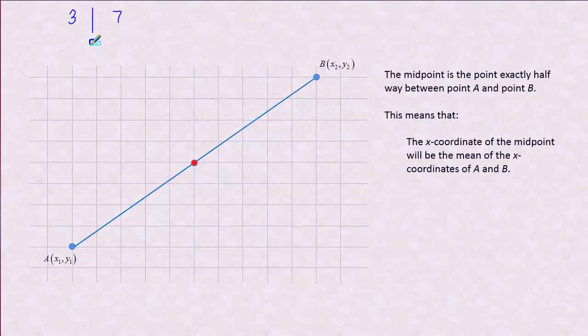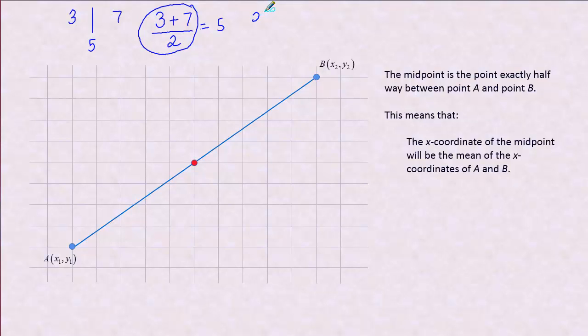Well, you should be able to see that the midpoint is 5, but the calculation we could do is 3 add 7 divided by 2. So that's 10 divided by 2, which is 5. So this calculation here gives us the midpoint between 3 and 7.